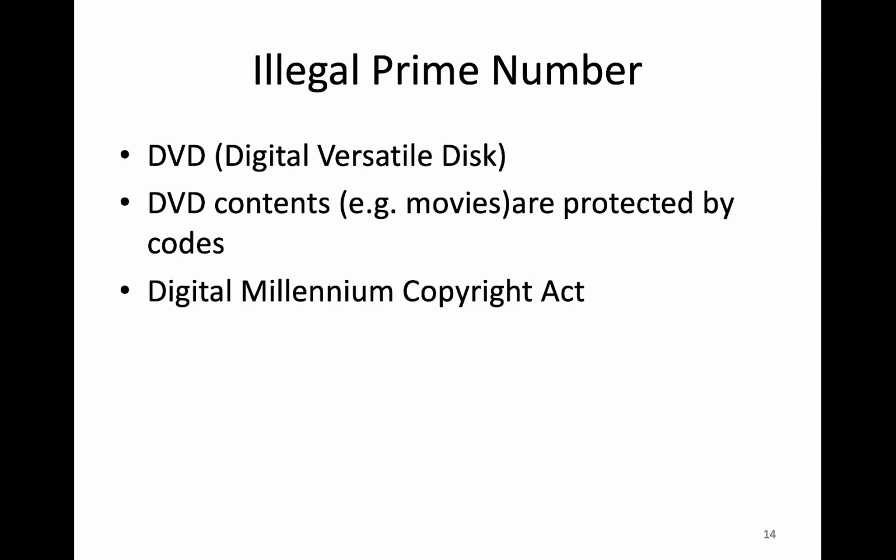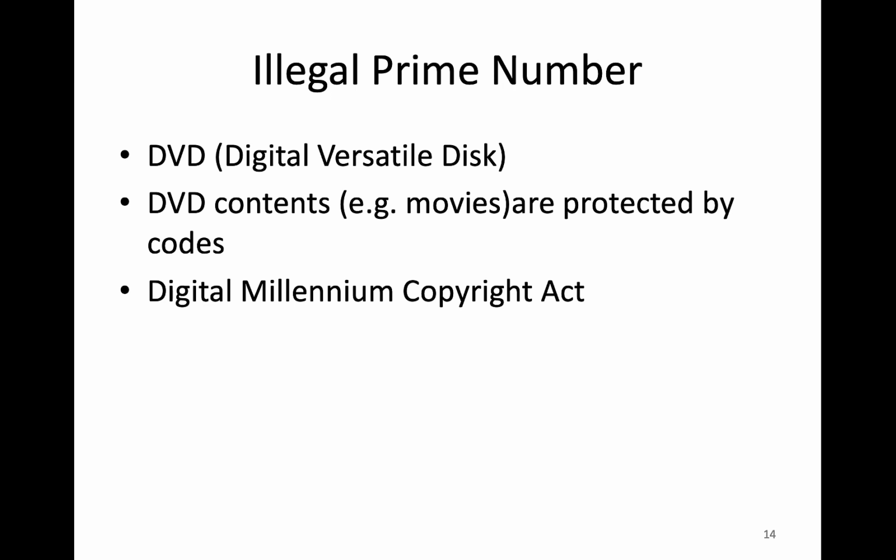And this code is called an illegal prime number. Under the Digital Millennium Copyright Act, we cannot publish the illegal prime number. With that said, you can publish the number on your t-shirt, you can publish it on the internet. But right now it should be fine because no one actually uses DVDs right now. So that was something like 20 years ago.